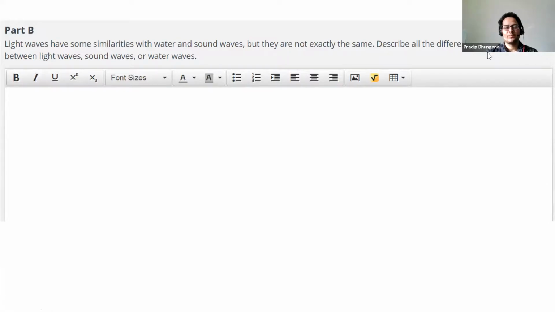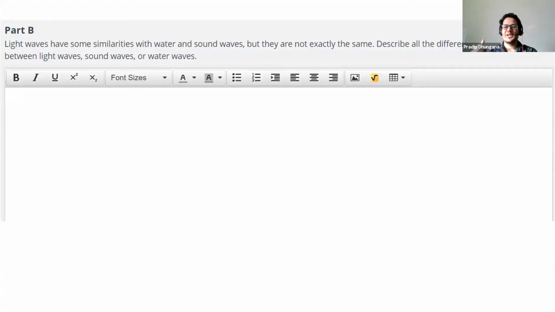Think about what is the difference between light waves and sound waves. Any thoughts? You can type your answer, or you can unmute and answer your question. It would be great.